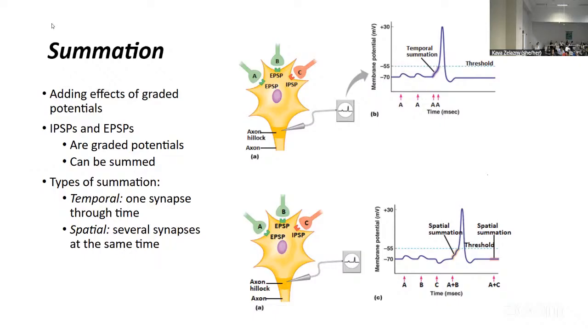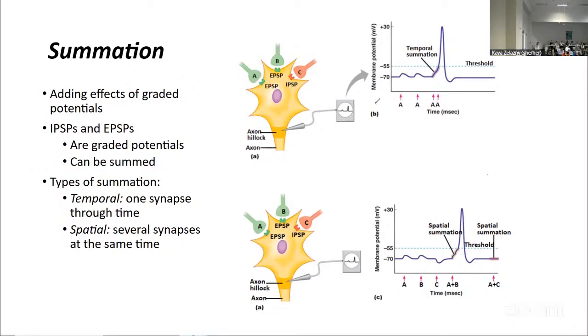So when we're thinking summation and convergence, with multiple signals converging on this one postsynaptic neuron, we're thinking about what we do when we're adding together some excitatory postsynaptic potentials, which we see in green, but maybe we're also adding in some inhibitory postsynaptic potentials.